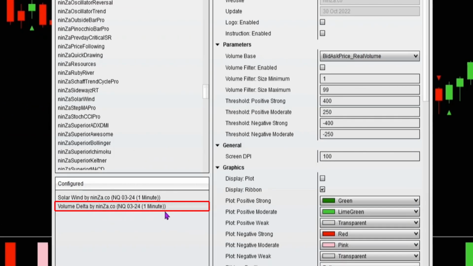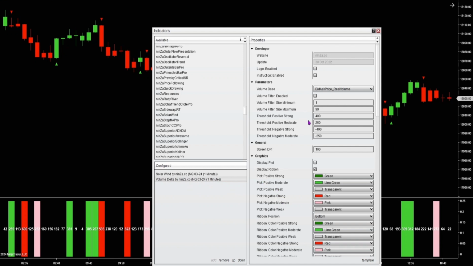So for the volume delta indicator, on the NASDAQ 1 minute chart, I'm using 400 for the strong, 250 for the moderate. If you're trading a different instrument or a different time frame on the NQ, the strong and moderate numbers absolutely need to be changed depending on what instrument and time frame that you're trading.